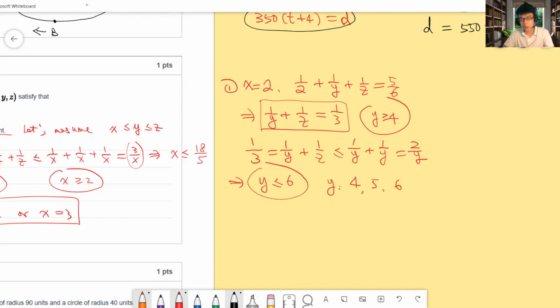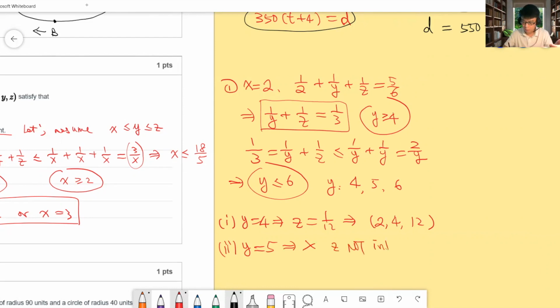And then we can double check if we plug in y that we get z to be an integer. So the first case, if y equals 4, we get z equals 12. So we got a solution x, y, z to be 2, 4, and 12. And the second case, if y equals 5, there's no solution. z cannot be an integer, not a whole number.